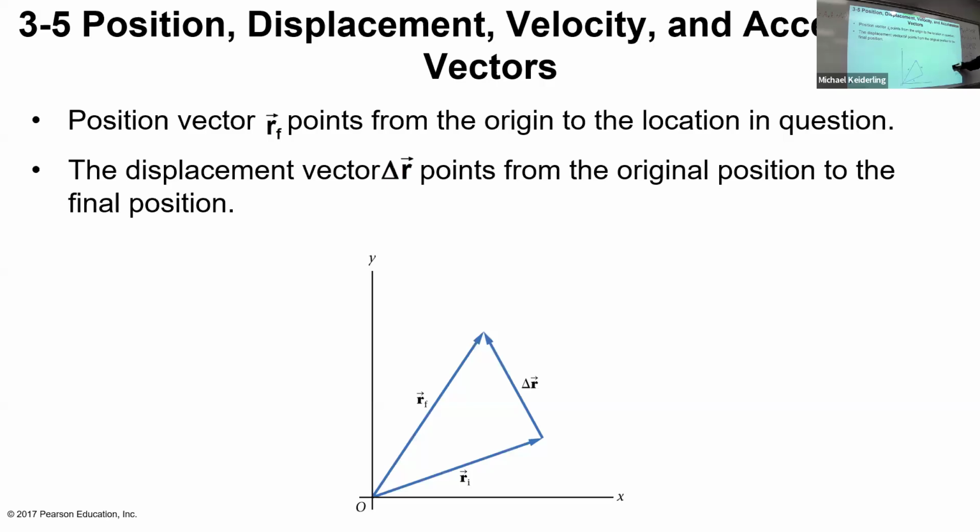So it points from the initial position to the final position. And delta r here is defined as rf minus ri. So that's position and displacement.